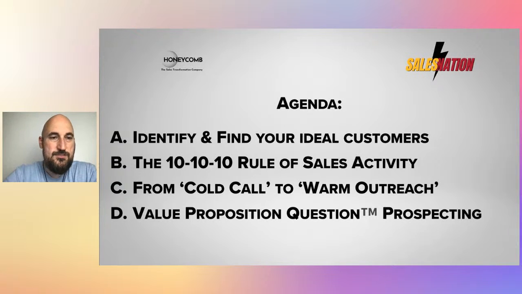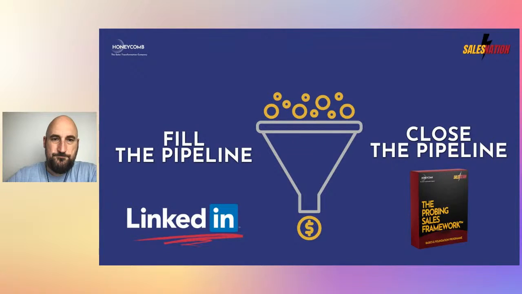Be careful with templates, don't copy them one-to-one, but I will talk you through the value proposition question design, how you can design a question with a value proposition and add that into your prospecting activities as well. So that's the last part. Again, we fill the pipeline, we close the pipeline, and we focus on filling the pipeline on LinkedIn tonight.